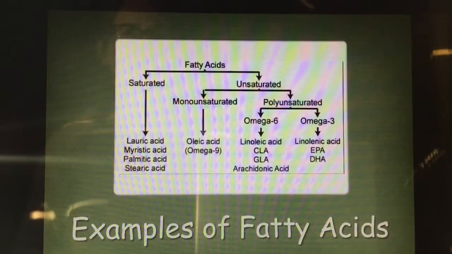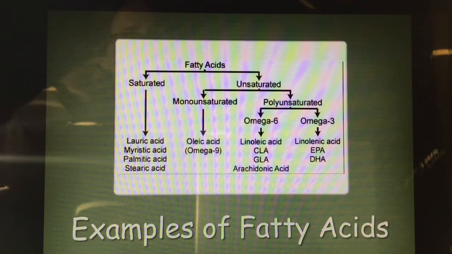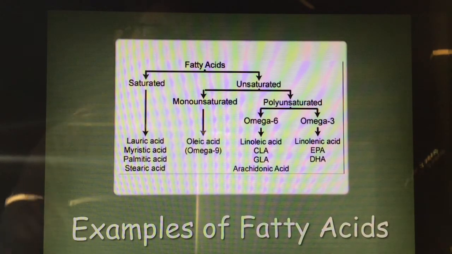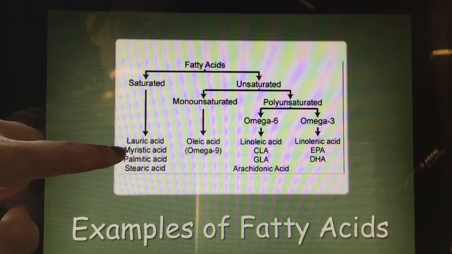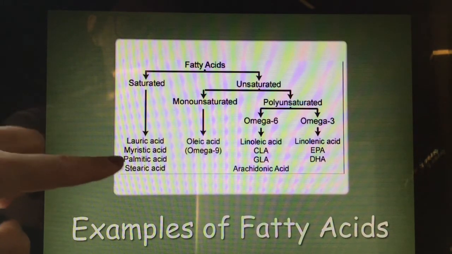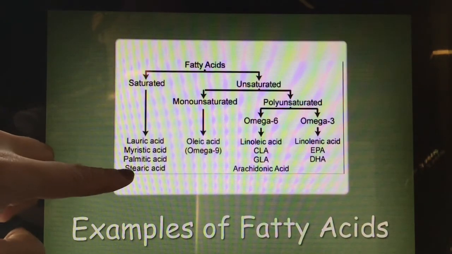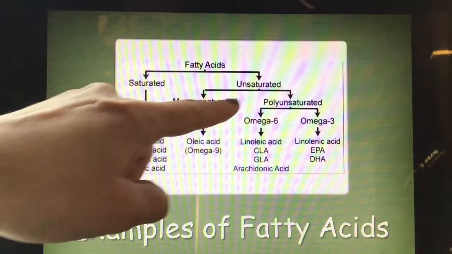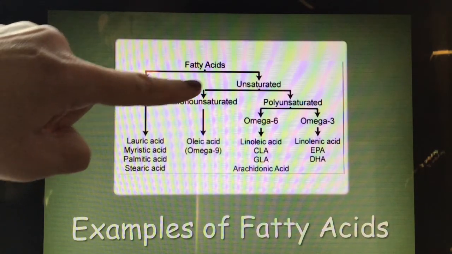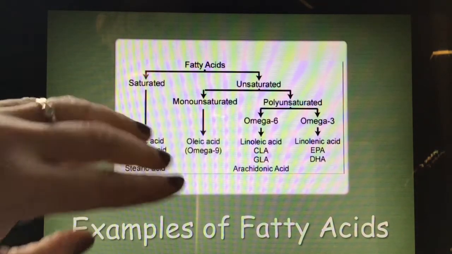So let's revisit the classification of fatty acids so we know where we are. To summarise so far, saturated fats will be lauric acid, myristic acid, which you're going to find in milk, palmitic acid also in milk, and stearic acid in milk and in meat. You're going to find unsaturated fats being divided into two groups, monounsaturated and polyunsaturated.